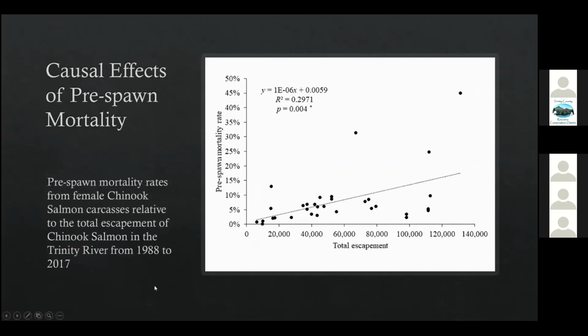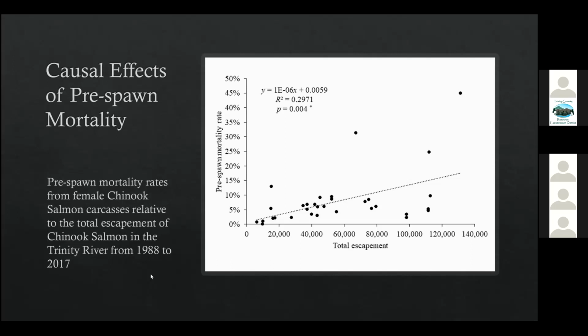This is pre-spawn mortality rates from female Chinook salmon carcasses relative to the total escapement of Chinook salmon in the Trinity River from 1988 to 2017. So a paper that most of you are familiar with, Aguilar from 1996, hypothesized that a positive relationship between the pre-spawn mortality rate and run size existed for Trinity River Chinook salmon from 1978 to 1995, but no empirical evidence was provided.